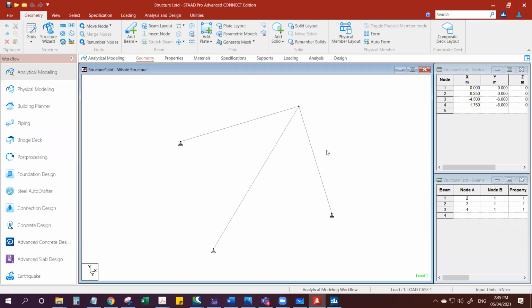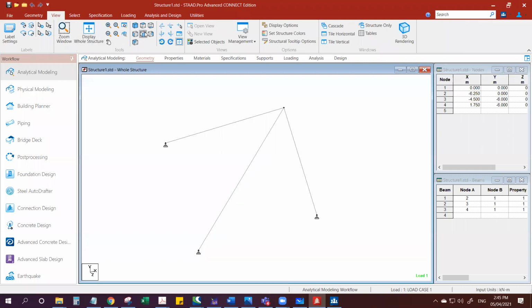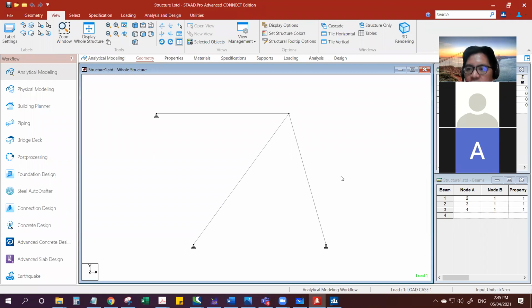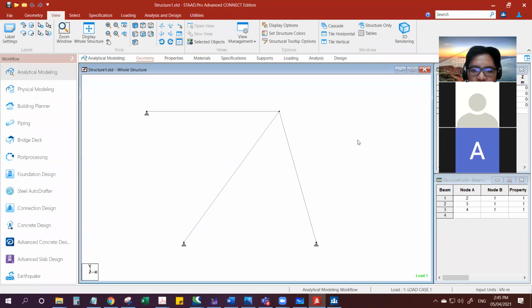So this is our example problem before. I'll view this. Oh, it's different. Anyway, I can come up with another. Wait lang.